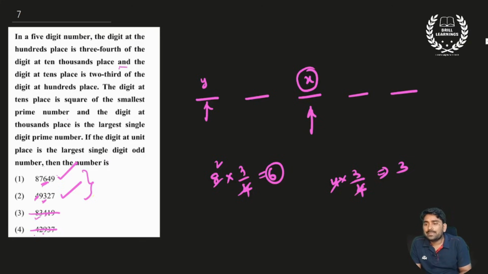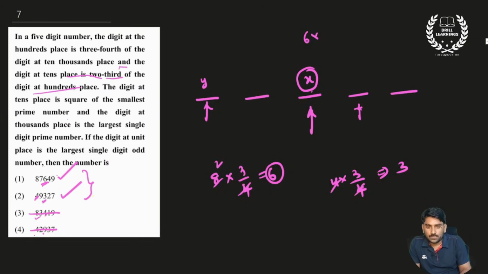The digit at the 10th place is 2/3 of the digit at the 100th place. Whatever the value in the 100th place, 2/3 of that value should be the value at the 10th place. What is the value we have here? 6.